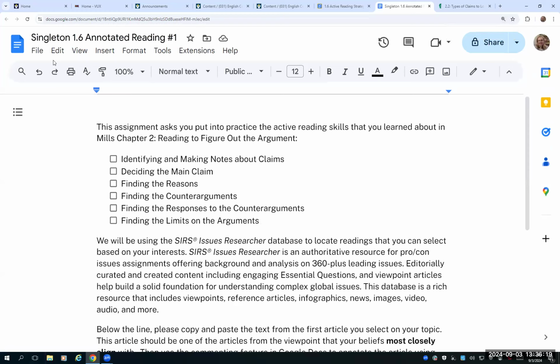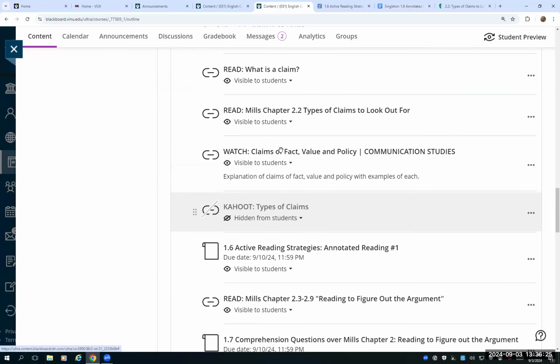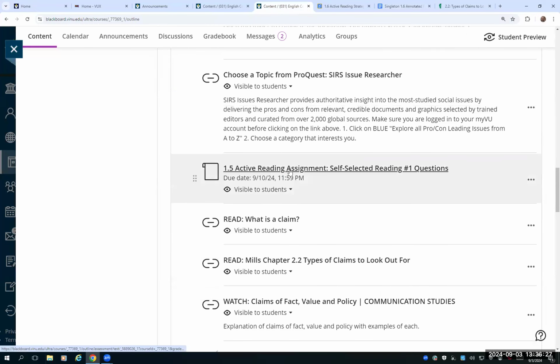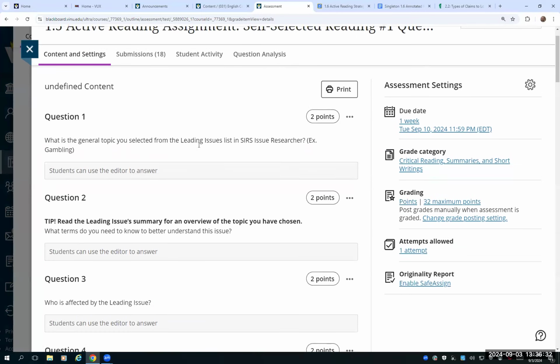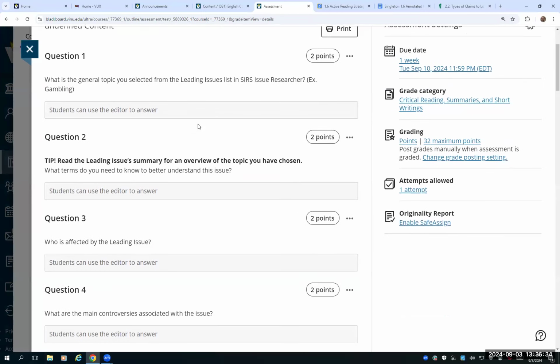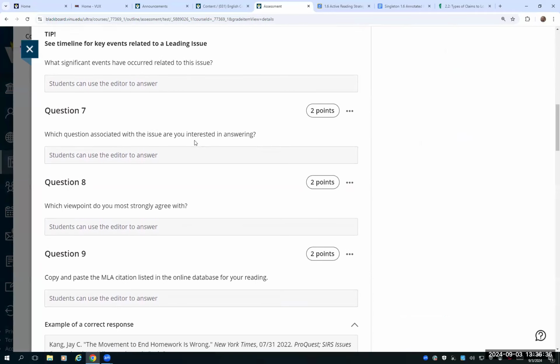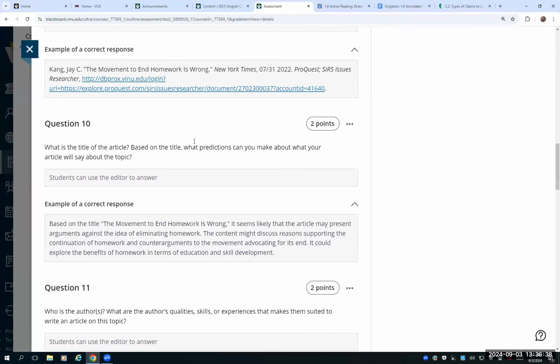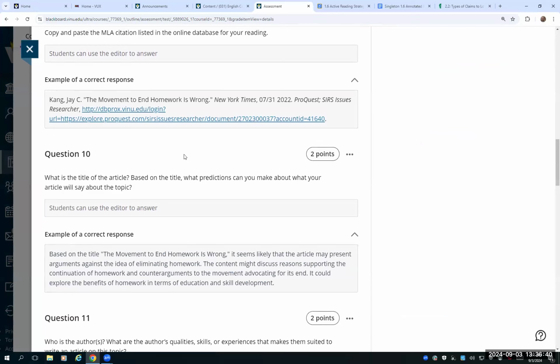Back in assignment 1.5, which we did last Thursday, we had this active reading assignment where you went in and answered all the questions about your topic. That's part of active reading, what we did in 1.5. The other part of active reading is actually marking on the text and annotating. That's what we're going to do in 1.6.